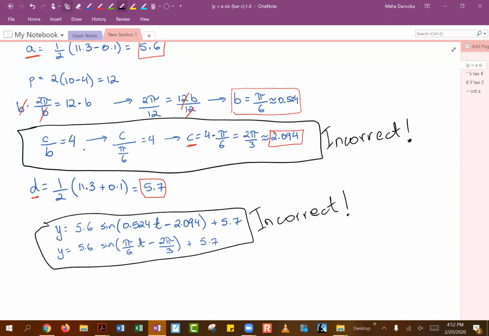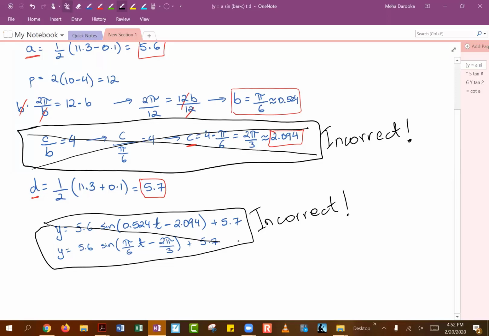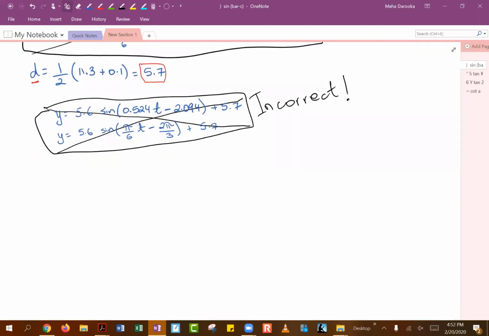But unfortunately, we cannot use the same method to calculate the value of C for the sine function. So this part is actually incorrect, which means that the model for our sine function will also be incorrect. So this is what we need to do when we are trying to calculate the C value for our sine model.